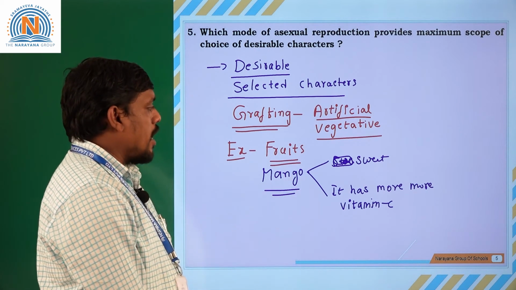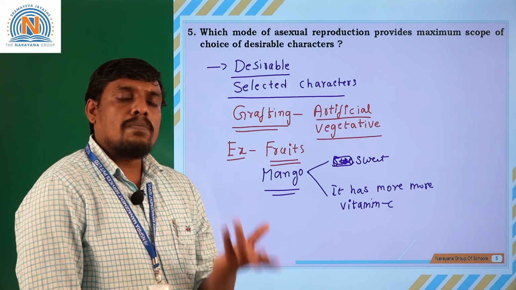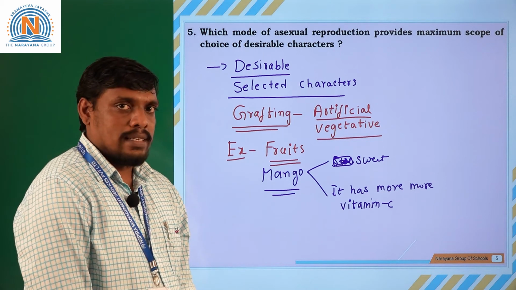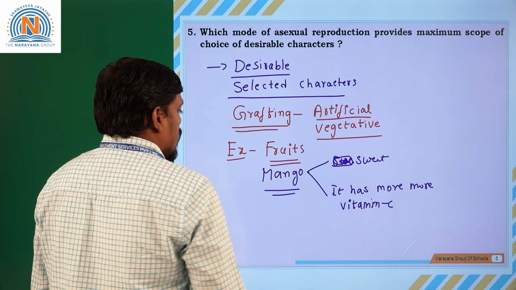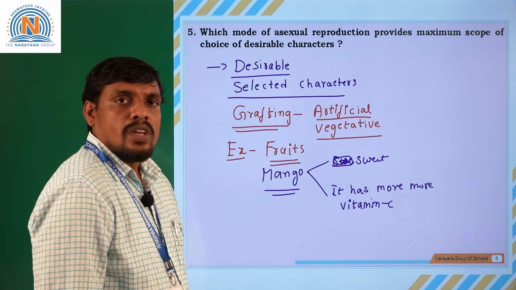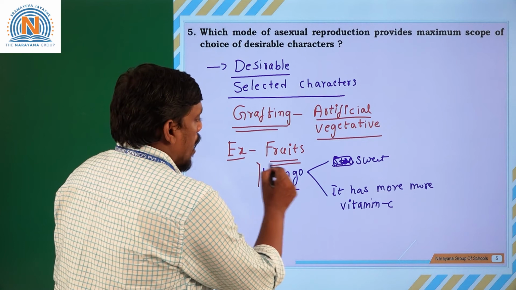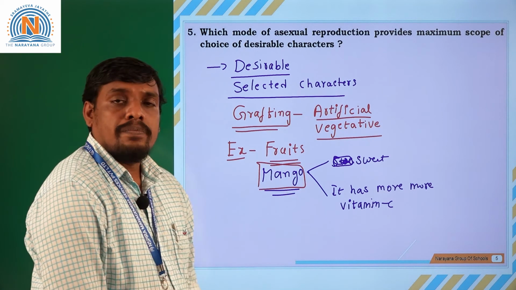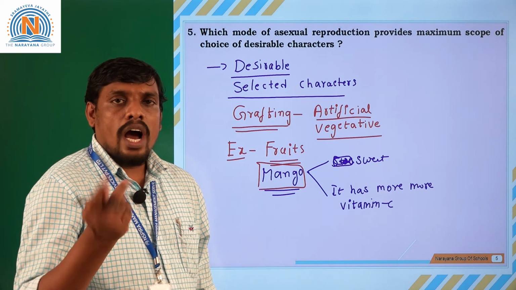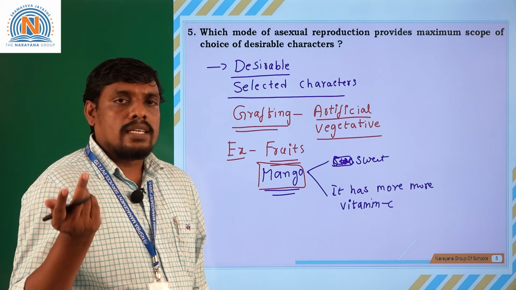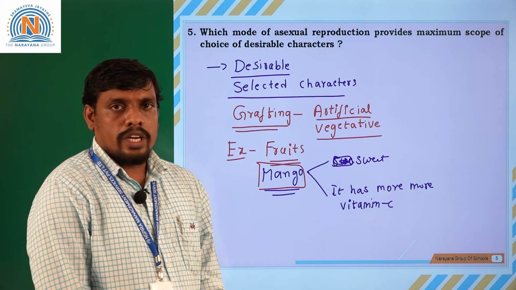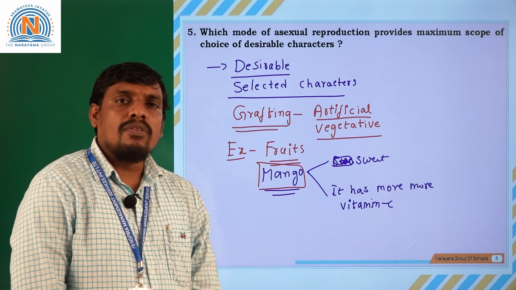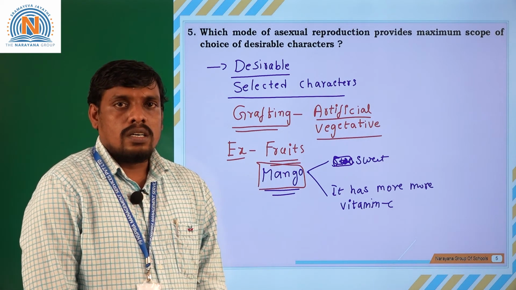Here, these are the desirable characters. How can these desirable characters be transferred from one plant to another plant? Let us see. By a process called grafting. In simple terminology, what is grafting? In my garden, I have a Nuzividu mango tree. In your garden, you have another mango tree, like a Banginapalli mango tree. Or one more type of mango tree is there in your garden.